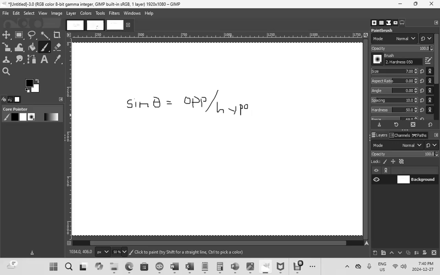Your hypotenuse is the longest side, joining point A with point B. This is your opposite, this is your hypotenuse, and this is adjacent.